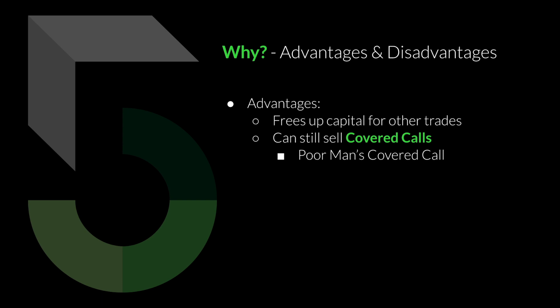Instead of purchasing 100 shares, let's say for $1,100 in our example, now you're purchasing one leaps contract for $745. It costs less money, but you can still sell covered calls against that leaps contract. Another advantage is that there's simply less risk and less exposure to any downsides that you have with just owning the stock outright.